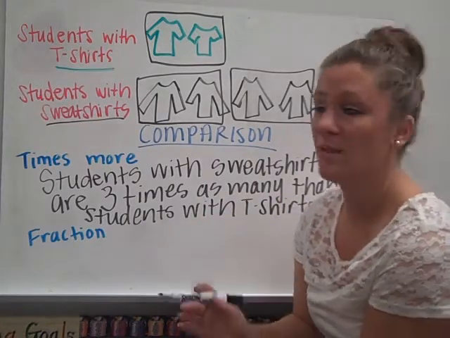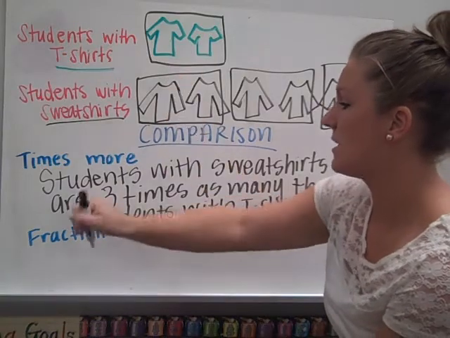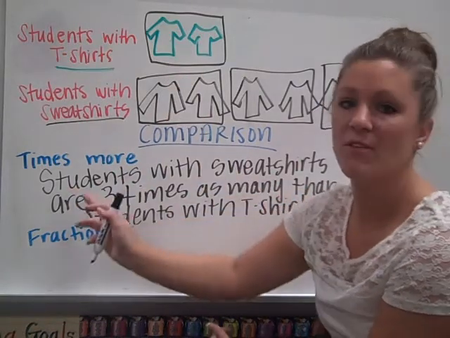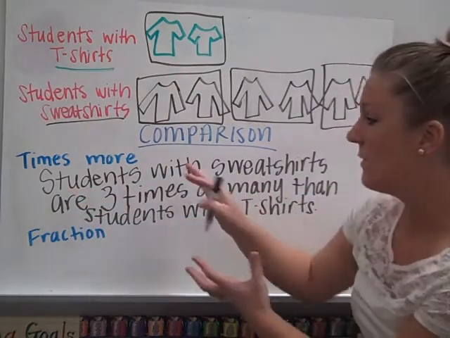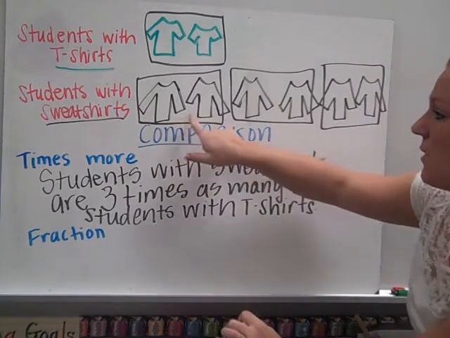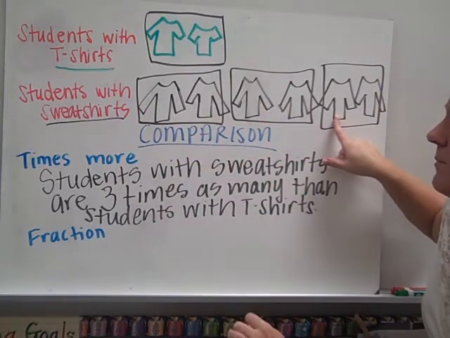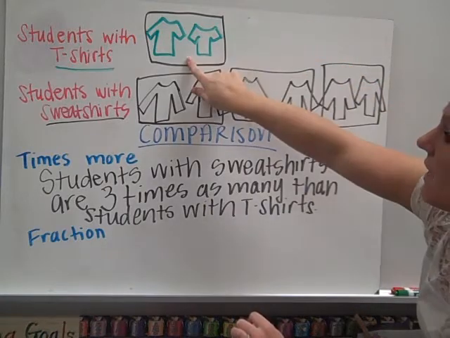Now you could tell me that there are 2 students with t-shirts and that students with sweatshirts have 3 times as many. But this is fine as well. You just need to know that 1, 2, 3 times as many people are wearing sweatshirts compared to my one group of t-shirts.